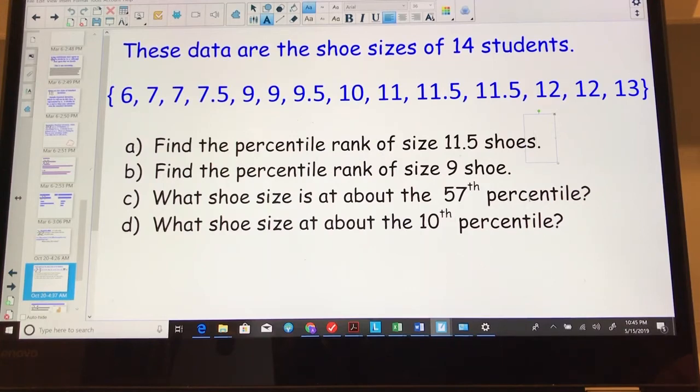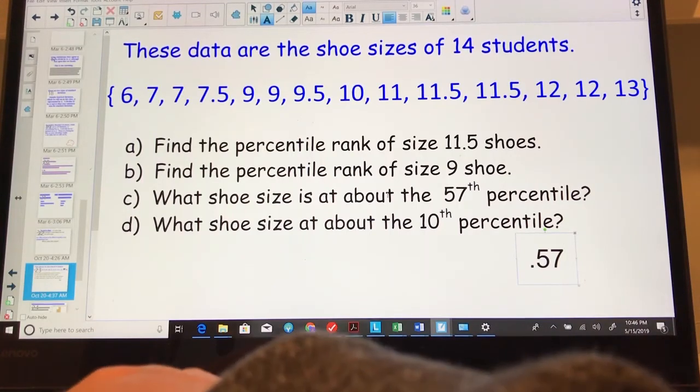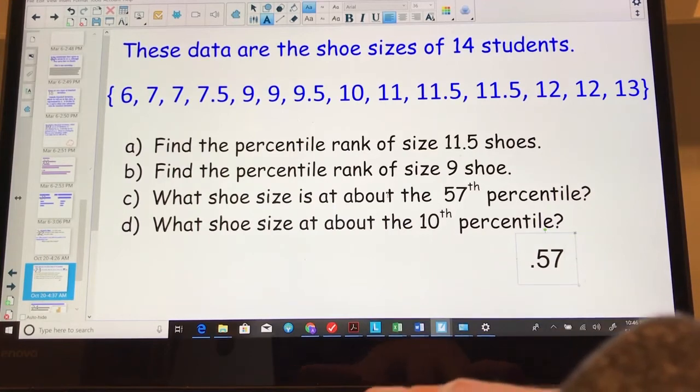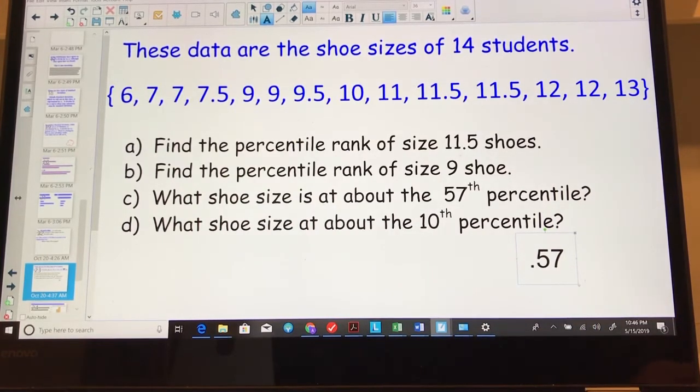What shoe size is at about the 57th percentile? So what you're going to do there is you're going to take your 0.57 and multiply that by 14.